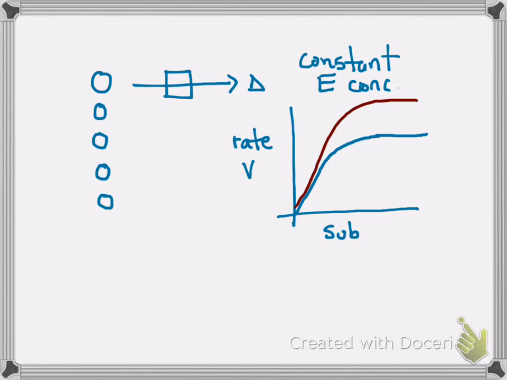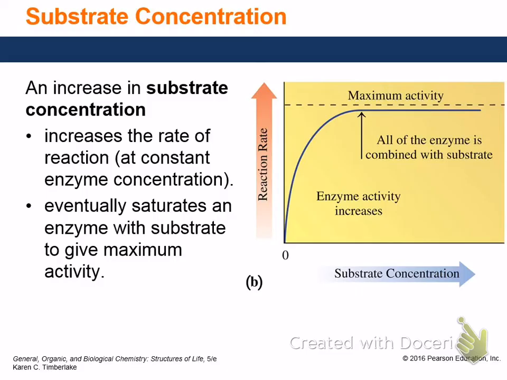Back to this chart. That's what this chart is here. This is the maximum activity. We often refer to it as the maximum velocity, to tie into the theme of how fast you're driving your car.